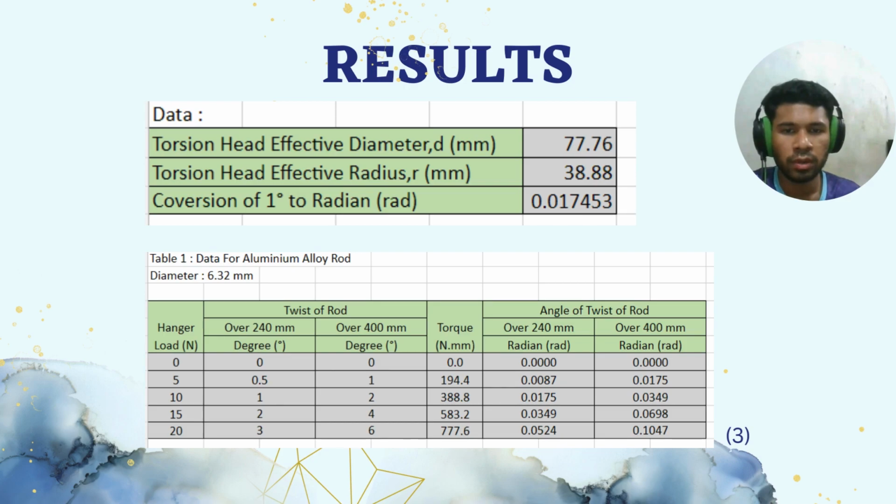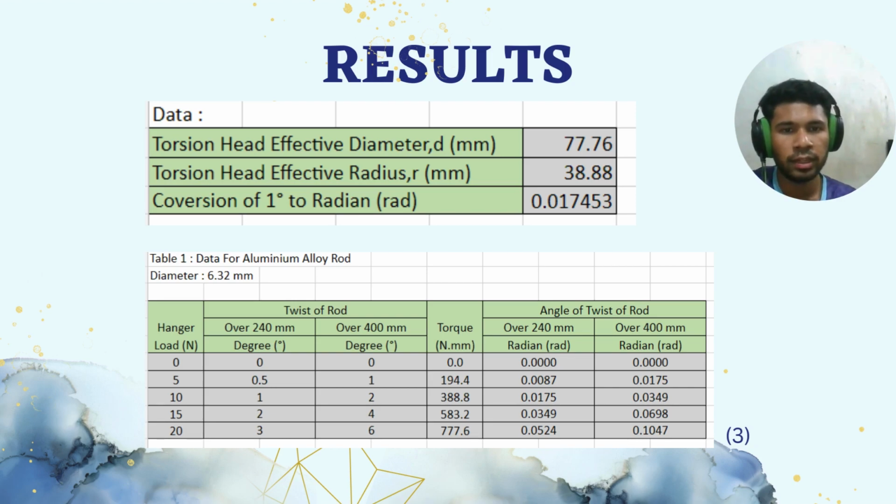For the calculation of torque, we use the formula torque equal to hanger load multiplied by torsion head effective radius. For example, we multiply 5 with 38.88 and then we get the torque is equal to 194.4 Newton millimeter.